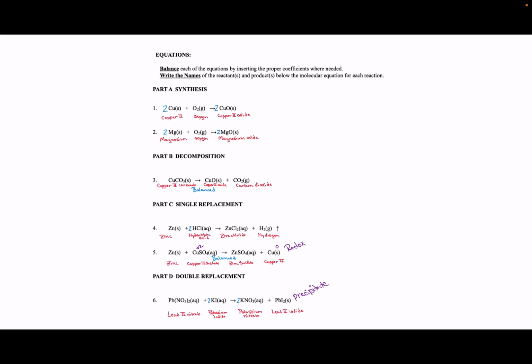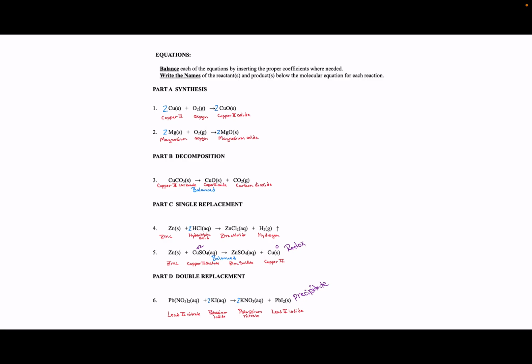Here are the reactions written out in balance. I went ahead and wrote out the names as well to get you back to thinking about how you're supposed to do that. Number 5 is what we call a redox reaction, where we have an exchange of electrons. The copper is a +2 on the reactant side, and then has a charge of 0 on the product side. So for redox, we're looking for an exchange of electrons.